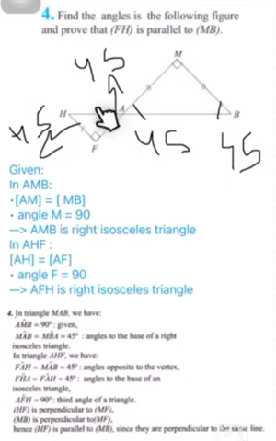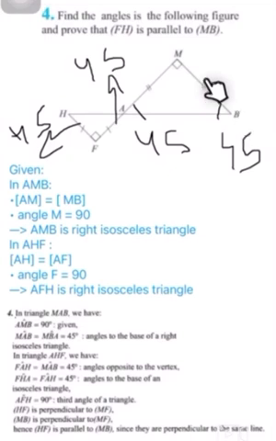One of these three ways is to prove that these two lines, FH and MB, are perpendicular to the same line. So it's easy. HF is perpendicular to FM. As you can see here, we have 90 degrees. So HF is perpendicular to this line, to FM.